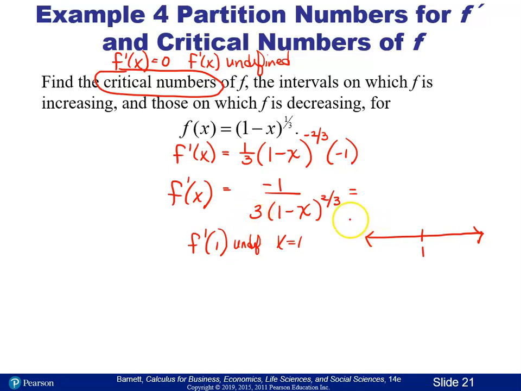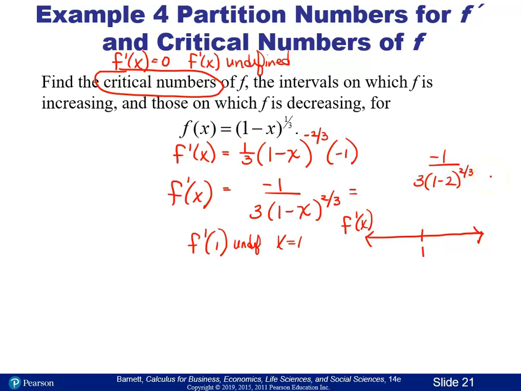From here, once we've figured out what our critical numbers are, we're still going to do everything the same as we did before. If I pick a number more than 1, let's say 2, and plug it into this derivative, I'm going to have negative 1 over 3 times 1 minus 2 to the 2/3.